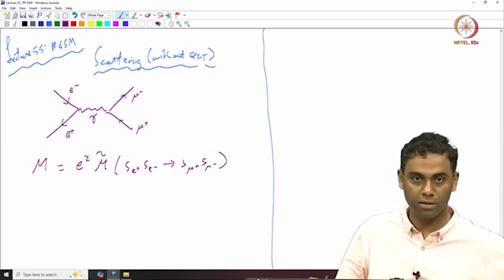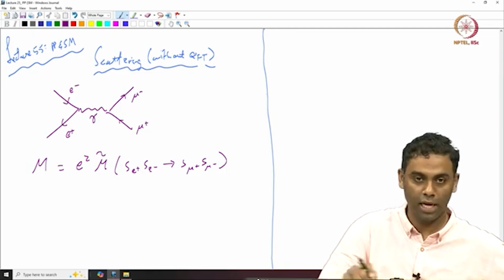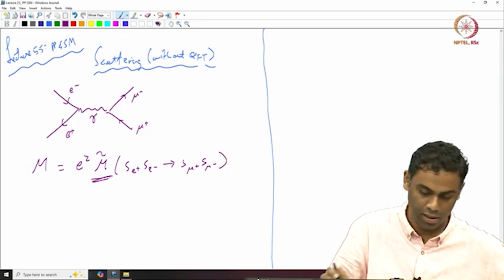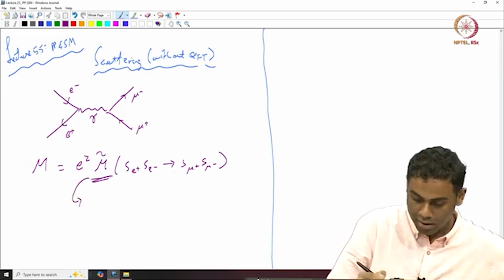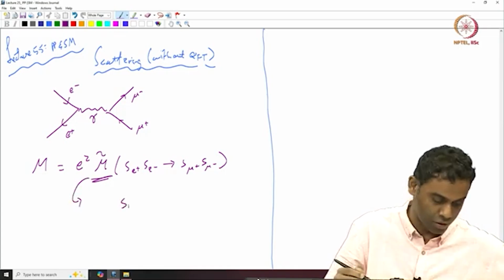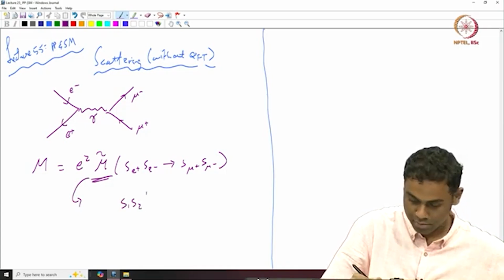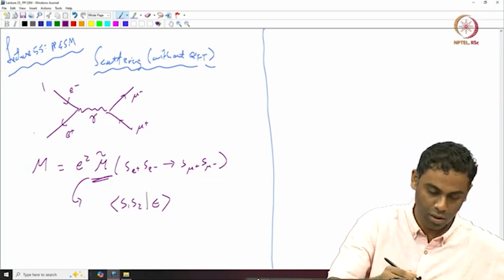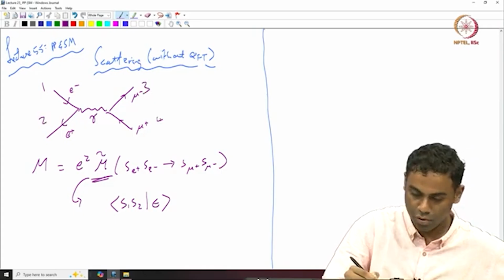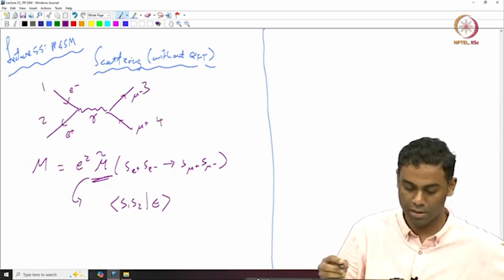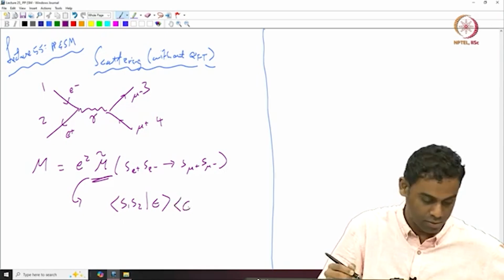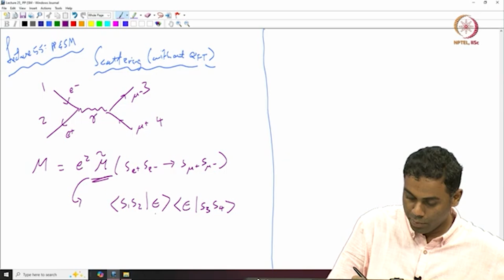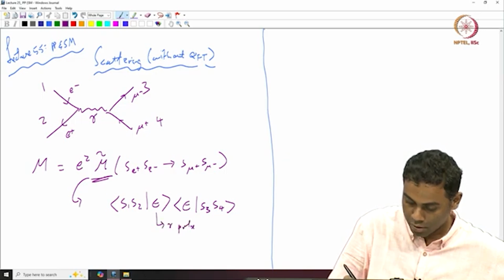Right, the propagators and the spinor currents all cancelled in the numerator and denominator, and then I reduced the problem to just computing this, and this is now nothing but switching labels again a bit. If I take the inner product of, so I am calling this 1, 2, 3 and 4 both spin labels and momentum labels. So I am taking the inner product with what exactly? The polarization of the photon.